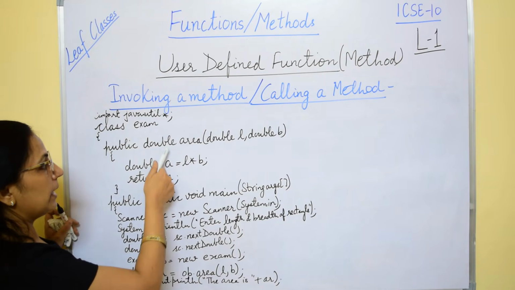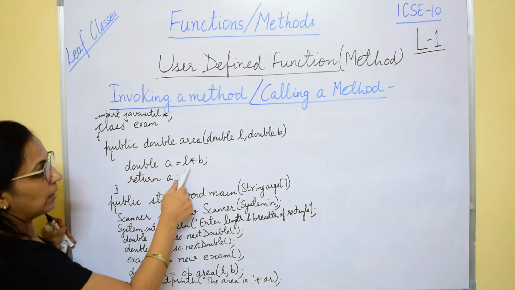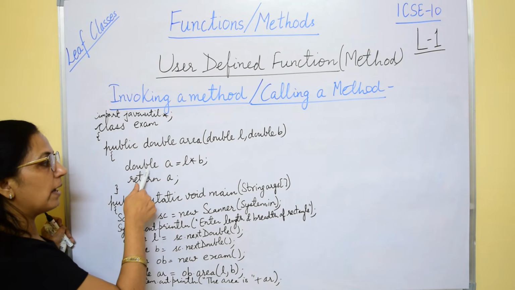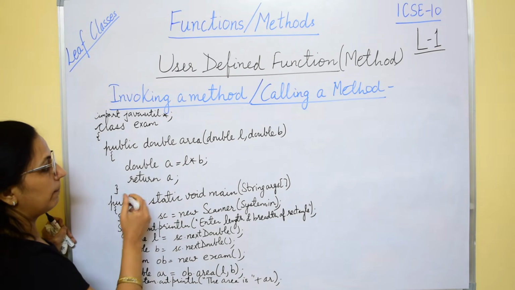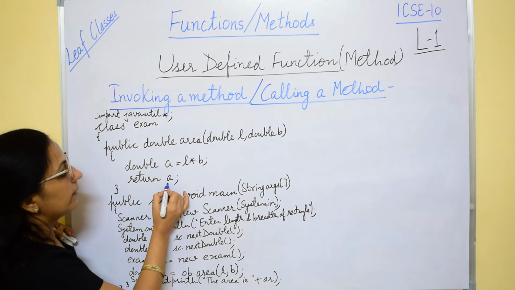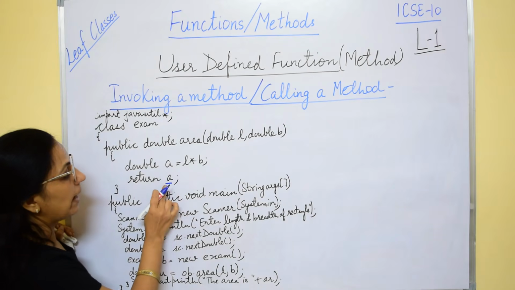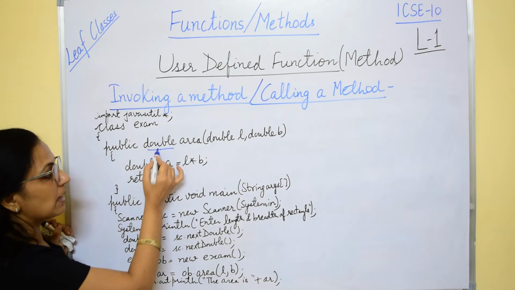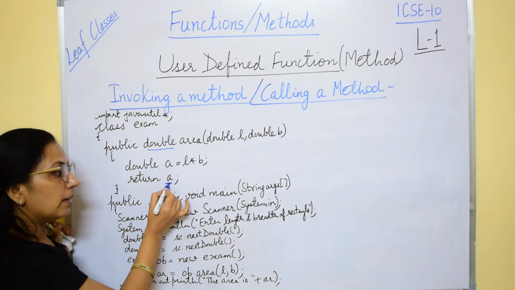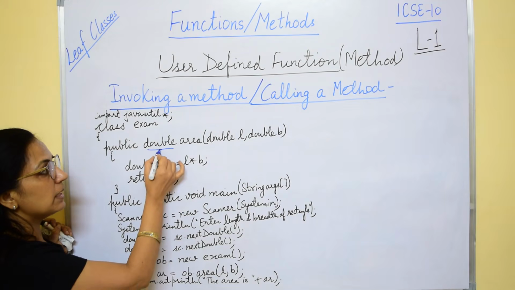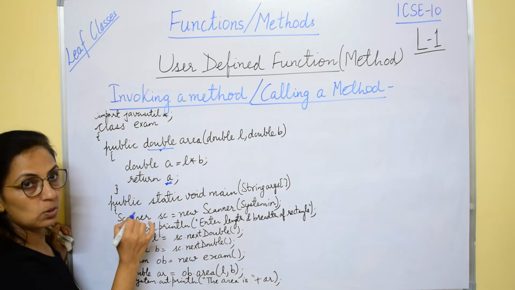Here in the function body we have calculated the result in one variable of double type and return A. Now whenever you are doing so, please check that the return type specified here is double, so the data type of the return variable also has to be double. These two should match. Okay.